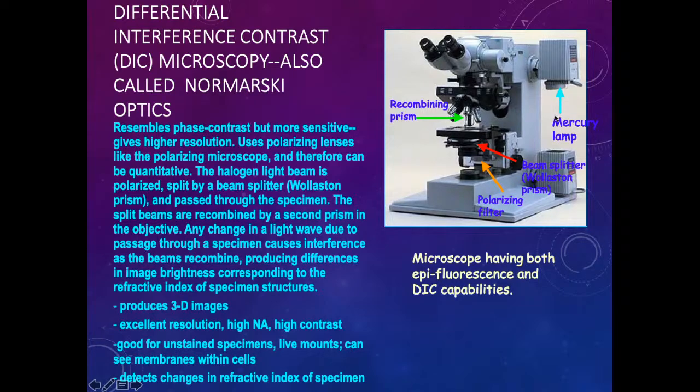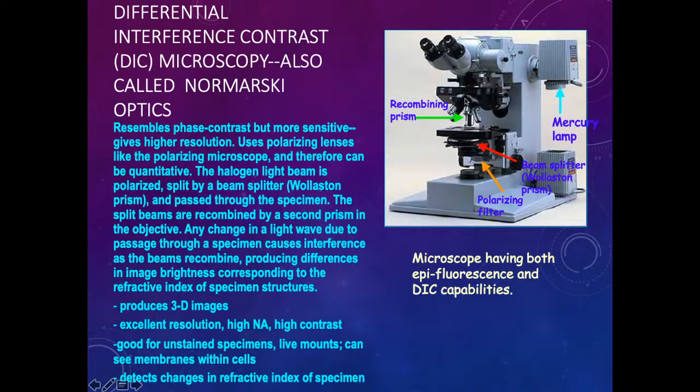In this, we have a mercury lamp, a polarizing filter, recombining prisms, and a beam splitter. Also another Wollaston prism is there. By the picture it looks very complicated, with a very thick body tube and very thick base.